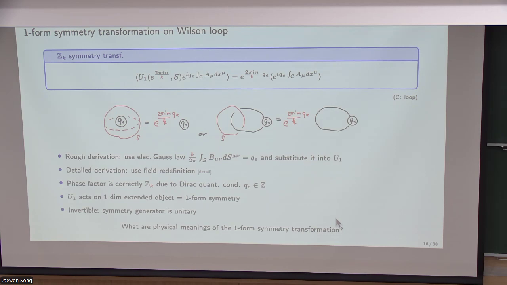Then we calculate the commutation relation between the Wilson loop and the symmetry generator.